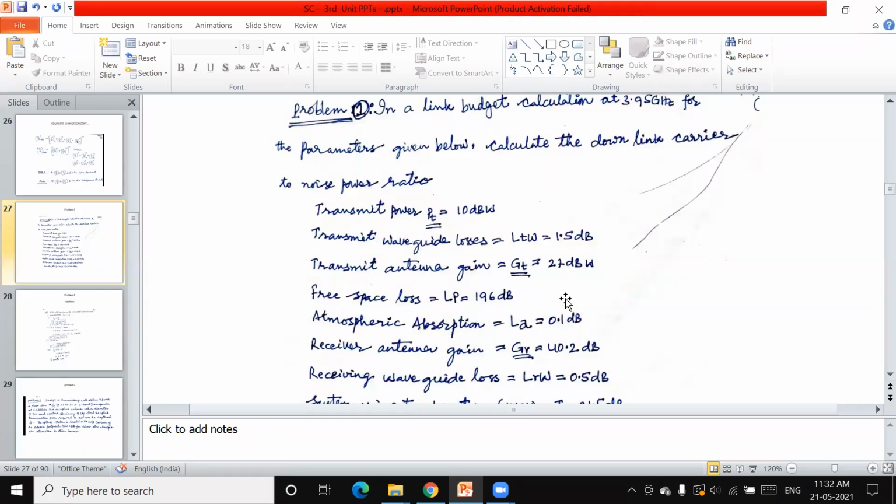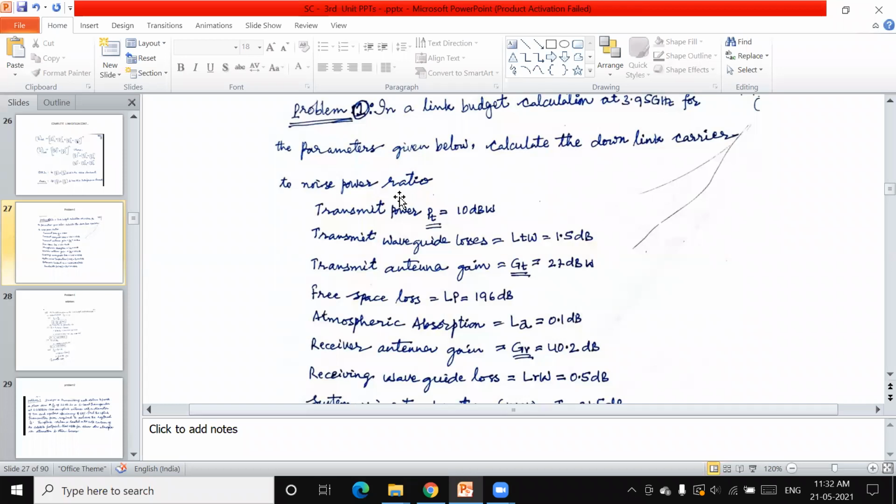This link budget calculation has been done at a frequency of 3.95 gigahertz for the parameters given below. You can also expect that it is the downlink frequency for C-band. Is it right? 3.95. Here it is also given to calculate the downlink carrier to noise power ratio.